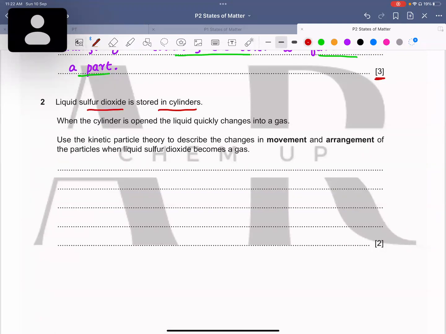So initially the state is liquid. When the cylinder is opened, the liquid quickly changes to a gas. So now there is a change in state from liquid to gas, which we call evaporation or boiling, right?